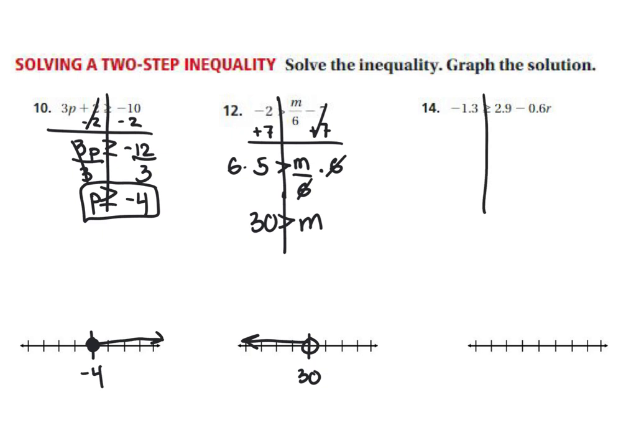For number 14, we're going to take away 2.9 from both sides. 2.9 minus 2.9 is nothing, and you're left with -0.6r. -1.3 minus 2.9 is -4.2.